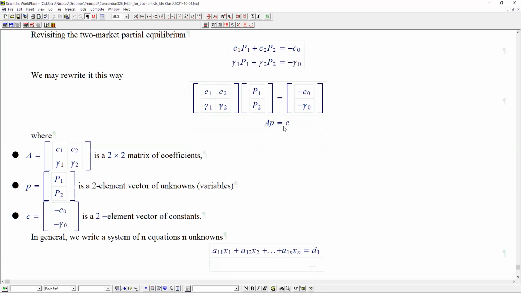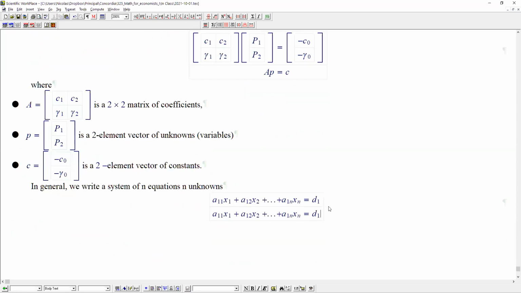And I could have 10,000 variables here, possibly, or more. Or I could just have 2, 3. And this would be my second equation. So I would have A21, A22, ... A2n, and so on until An1, An2, ... Ann.